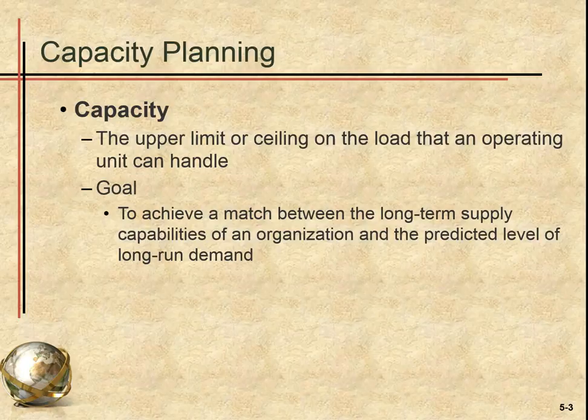And the goal, as a business owner, somebody who owns a factory or even a service business, is you want to reach that equilibrium point where you match exactly the long-term supply capacity, the amount of units you can produce, with what you predict to be the level of long-run demand, how many units people are going to buy. And of course, predicting the exact amount is not possible, but you want to get as close as possible to the demand.